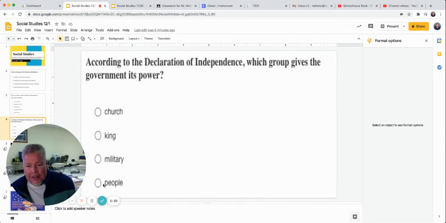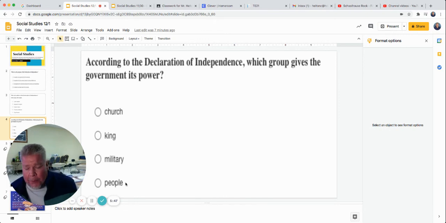Now, how do we? You're a person in the United States. I'm a person in the United States. How do we give government power? Think about it. How do those people in the government get their positions? The people vote for them. We just had an election. So the president, if we ever figure out who it's going to be, it looks like it'll probably be Joe Biden, but there's a lot of questions about that still, I guess.